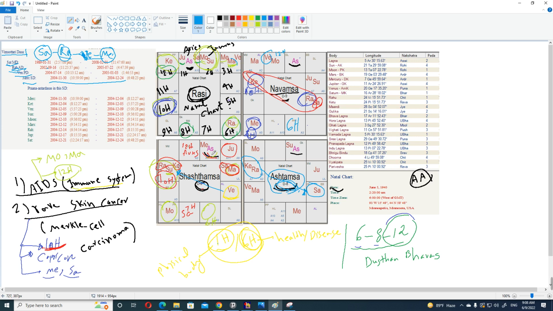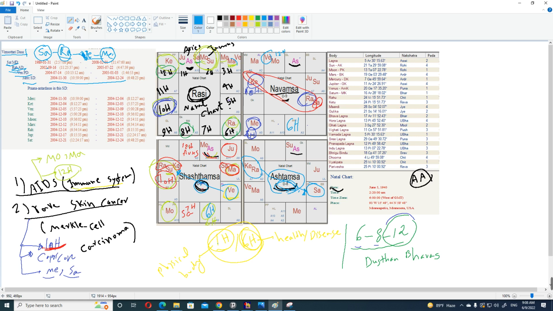And it is the ruler of the 6th house. The 6th house is Libra, and its ruler is Venus. Wow. Venus is the ruler of the 6th house of the D6 chart, that is the divisional chart for disease.